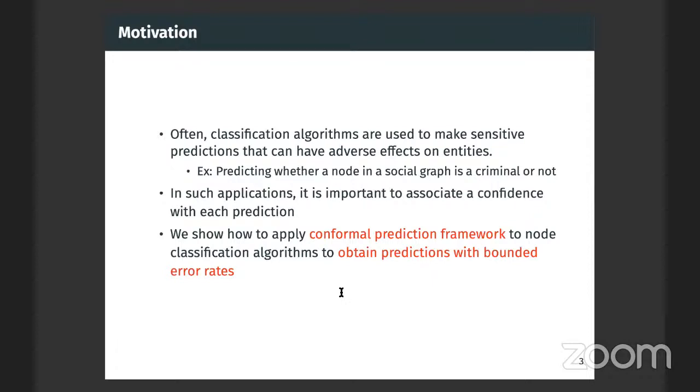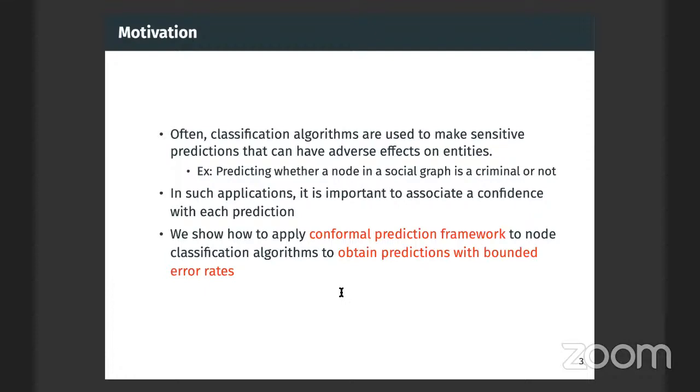Predicting someone as a criminal can have a very adverse effect on people. So we want to be confident about the predictions we make, not just about what our prediction is. In such applications, it is important to associate a confidence with each prediction. You can say we predict this person as a criminal and we are 90% confident about our prediction being correct.